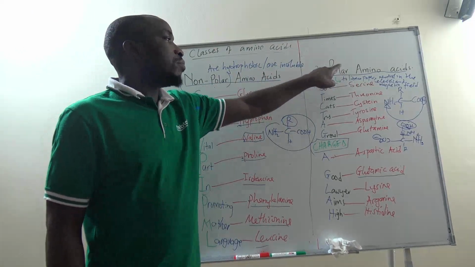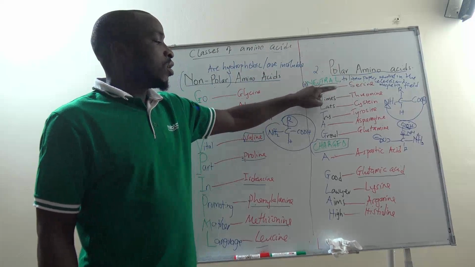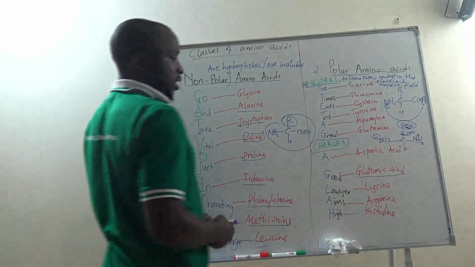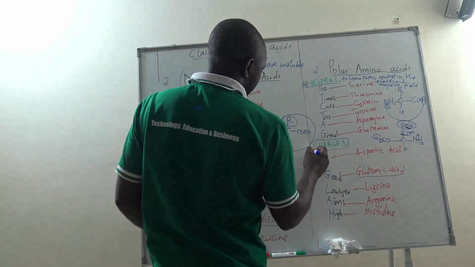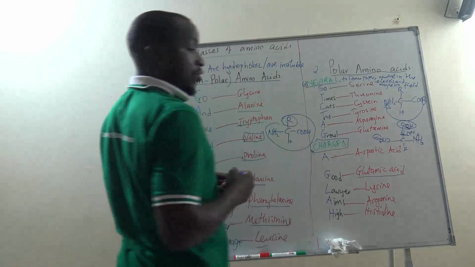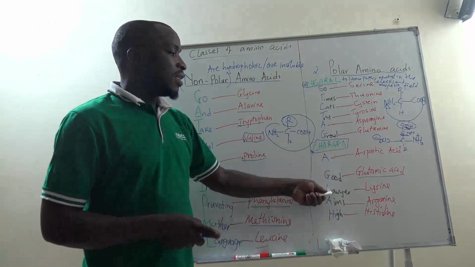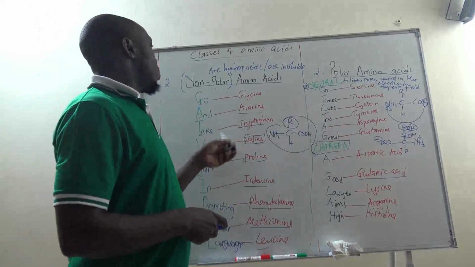Even amongst the polar, some are neutral, some are charged. In our subsequent sessions, we shall come back and look at the isoelectric point of a protein, majorly the charged, the neutral, plus the polar.